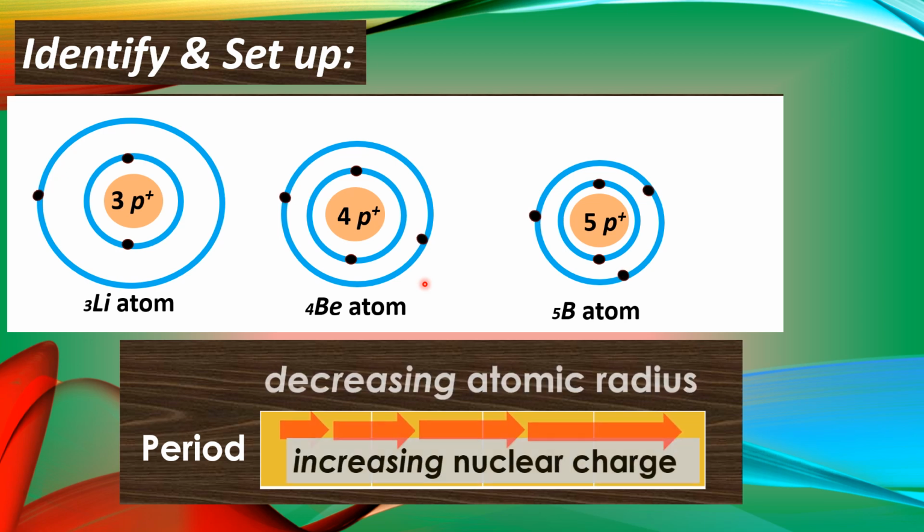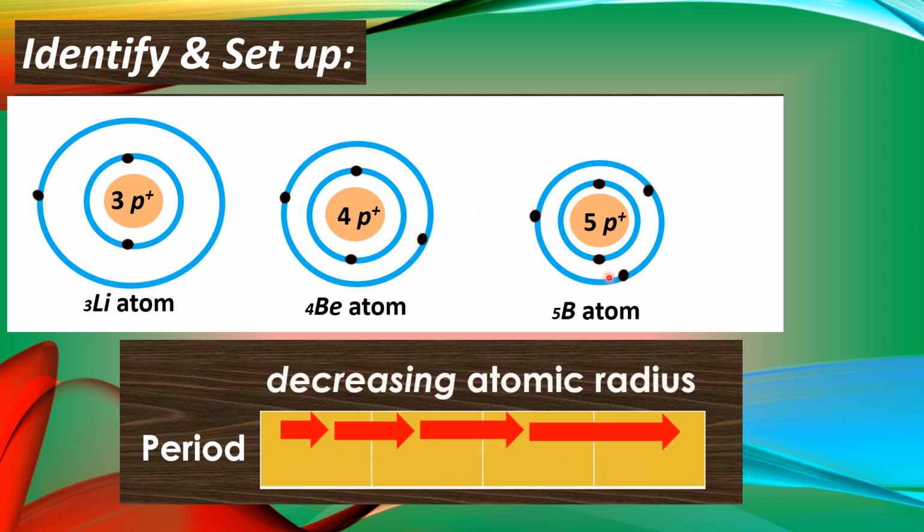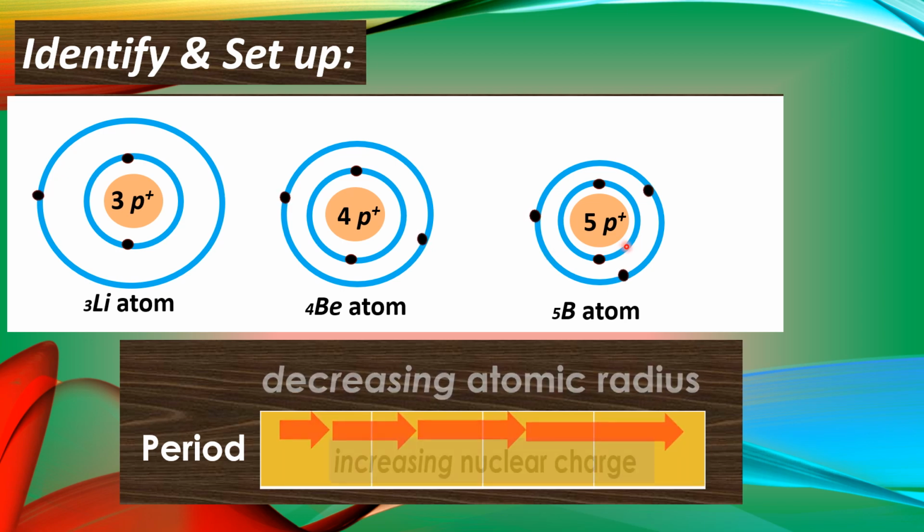Still farther to the right within the same period is the element boron with atomic number 5. Its 5 protons attract its 3 valence electrons with a much stronger force, causing it to have a smaller atomic radius compared to either beryllium or lithium.